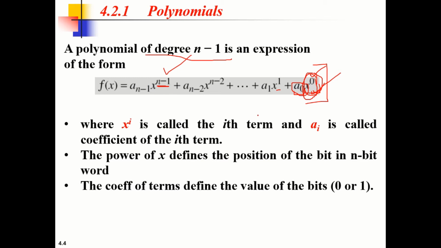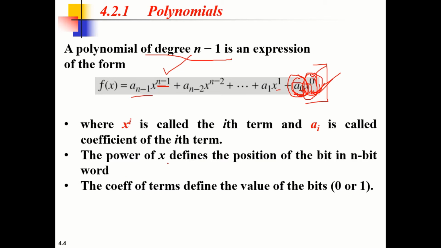Just like these terms, the coefficients are also numbered from 0 to n minus 1. So this coefficient A0 is the coefficient for the 0th term. The subscript and the power of the element will be the same, right?